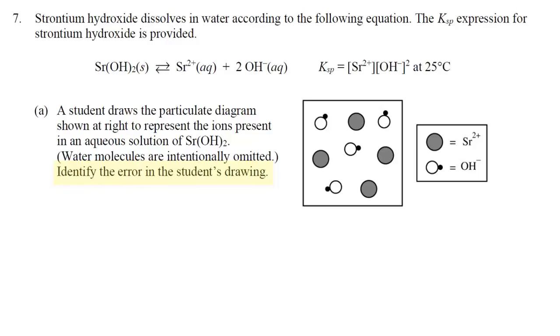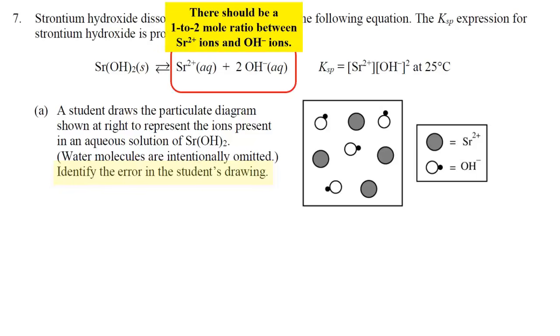So we can see, based on the chemical formula of strontium hydroxide, that there should be a 1:2 mole ratio between the strontium ions and the hydroxide ions. But in the student's drawing, they show 4 strontium ions and 4 hydroxide ions, which is a 1:1 ratio as opposed to a 1:2 ratio.